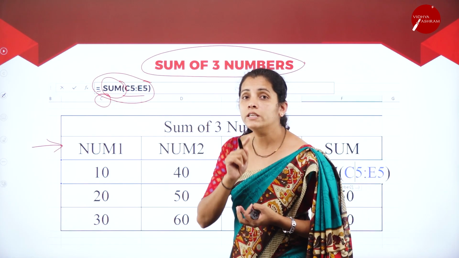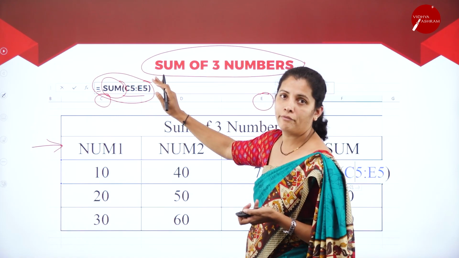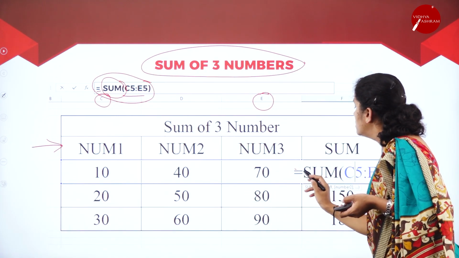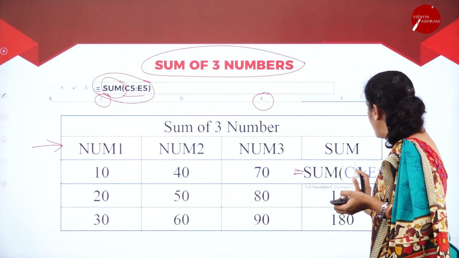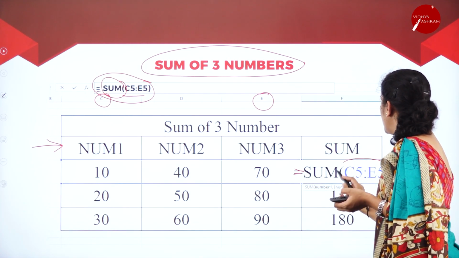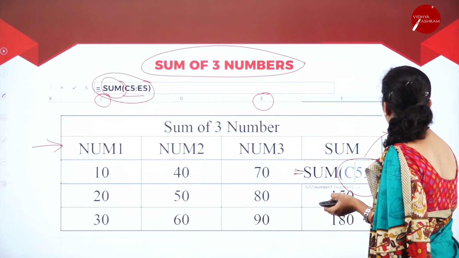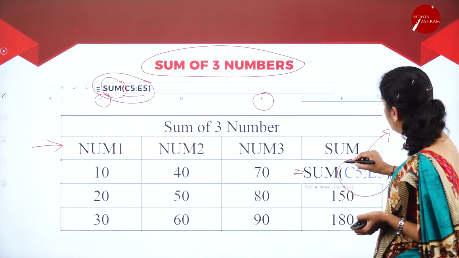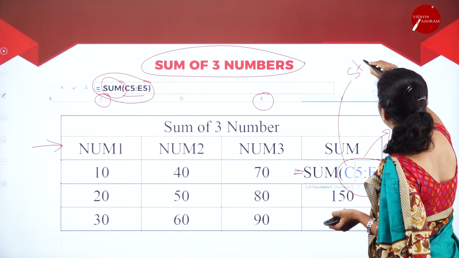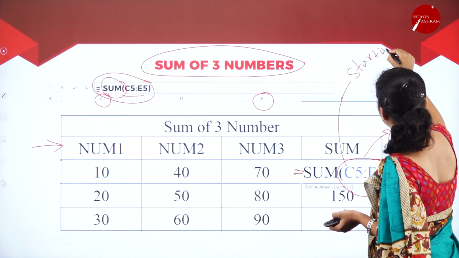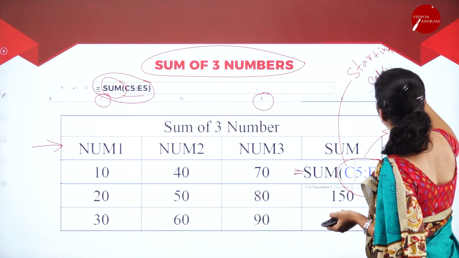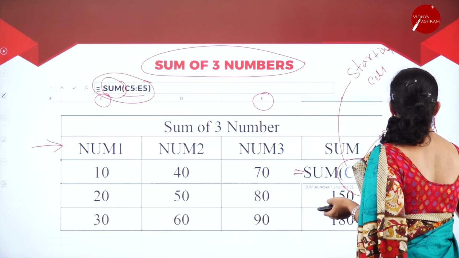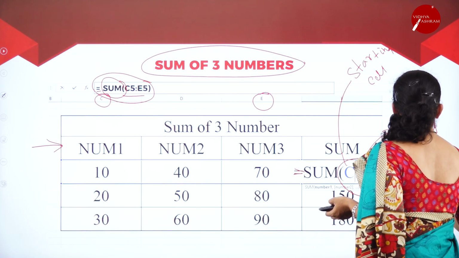That is C5 to E5. So here I can directly write equal sum of C5 to E5. This is the range of my cells. So here C5 is nothing but the starting cell, and E5 is nothing but the ending cell address.